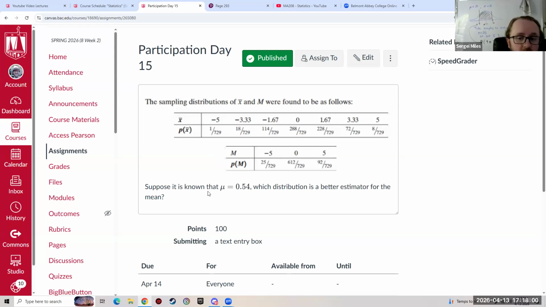Now, suppose we already know that the population average is 0.54. Which distribution is a better estimator for the mean? How do we know? Well, in either case, these are random variables, right? This is the random variable X bar, and this is the random variable M. We want to know which one has an average which is closer to the true average we're trying to get.